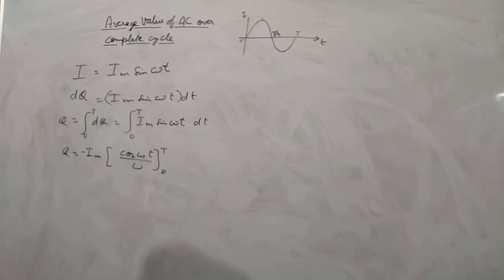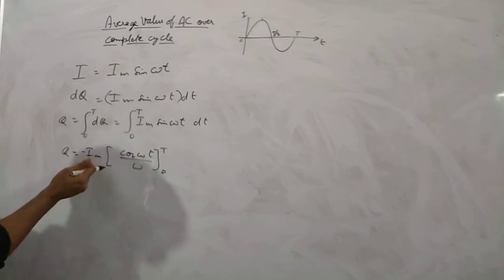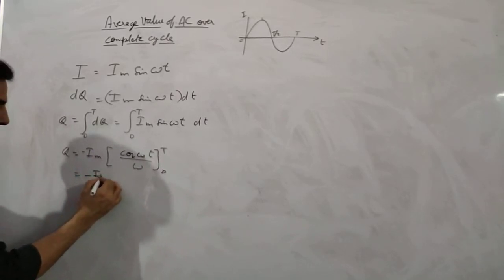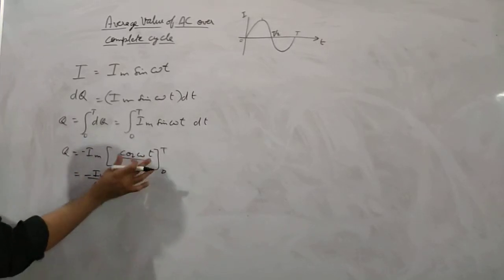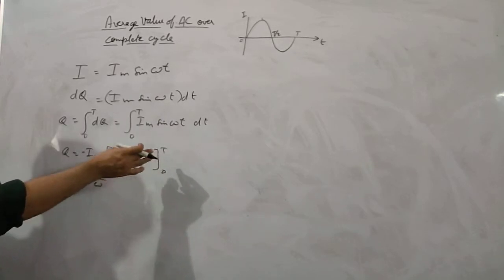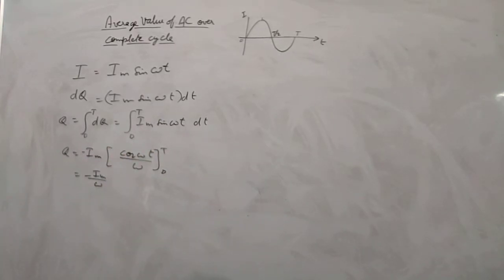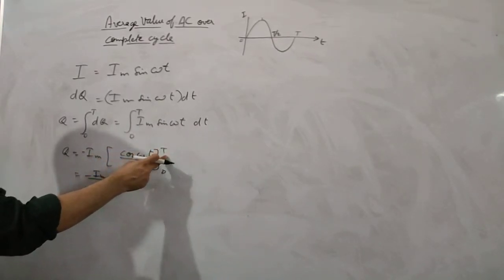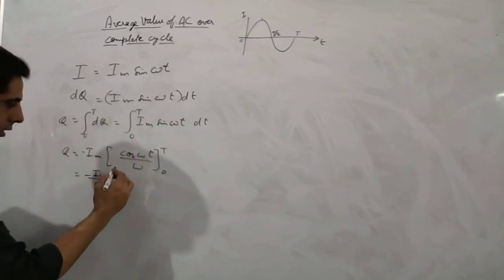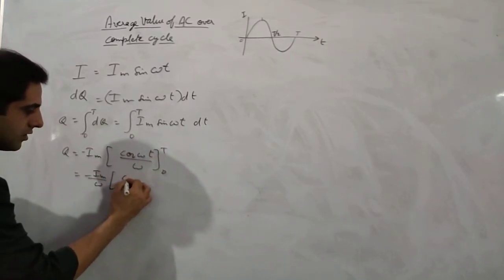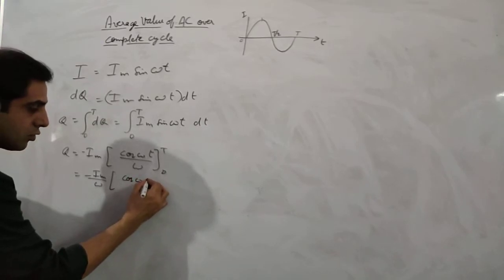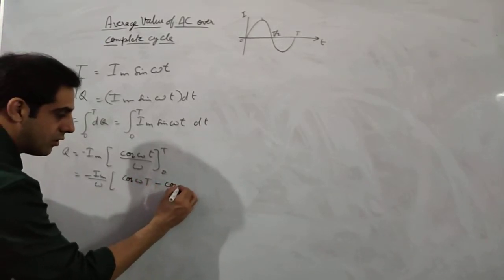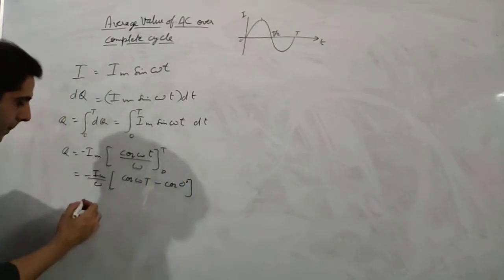Omega can also be taken outside. So we have cos omega t inside the bracket, and the values that we are going to substitute are 0 and T. First we will substitute the final limit, which will give us cos omega capital T minus cos 0 degree.